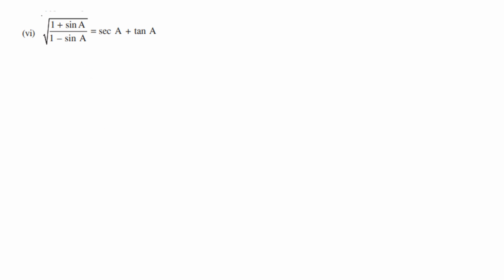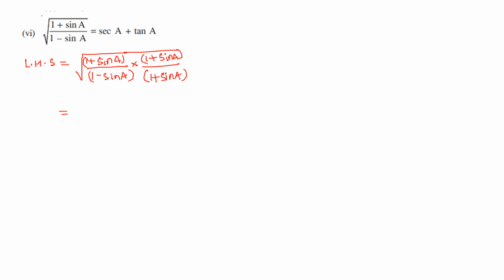And if it will be 1 plus sin A, you have to use 1 minus sin A, isn't it? So in LHS, you have to write it as root of 1 plus sin A divided by 1 minus sin A. Now in both numerator and denominator, you have to multiply with 1 plus sin A by 1 plus sin A. Okay, I am rationalizing it.